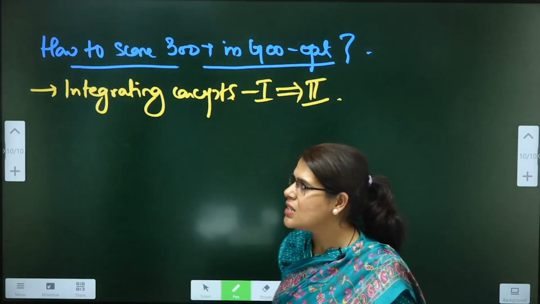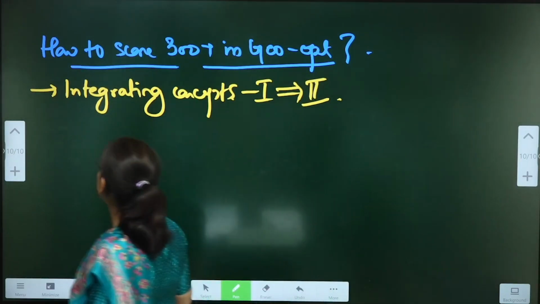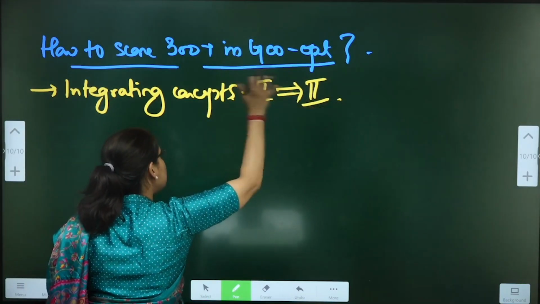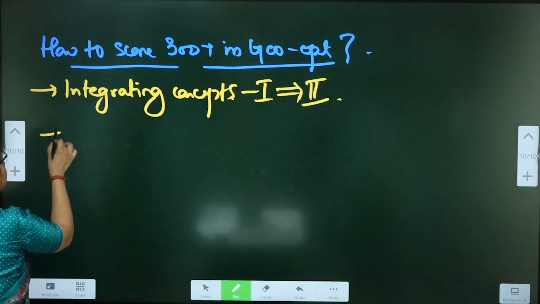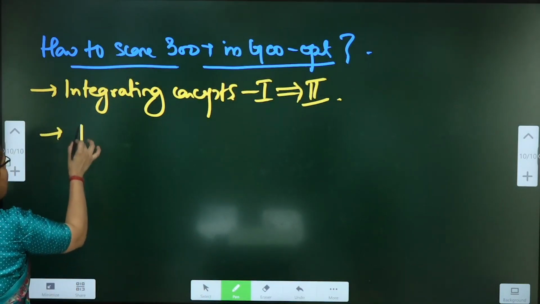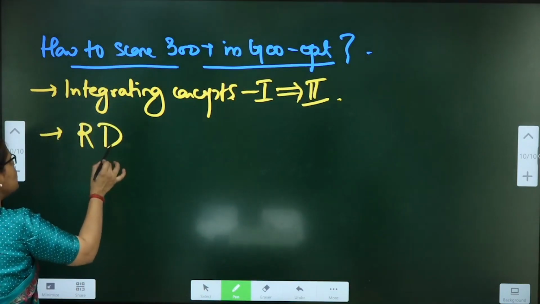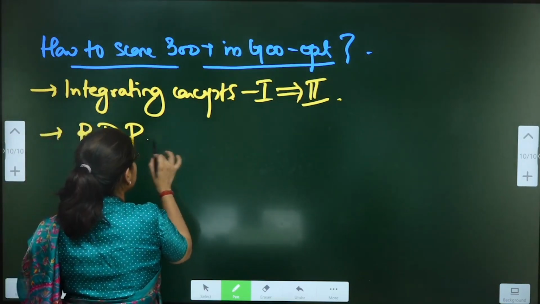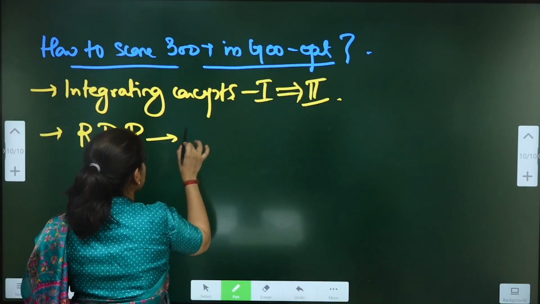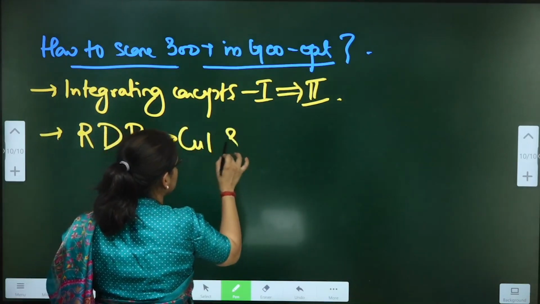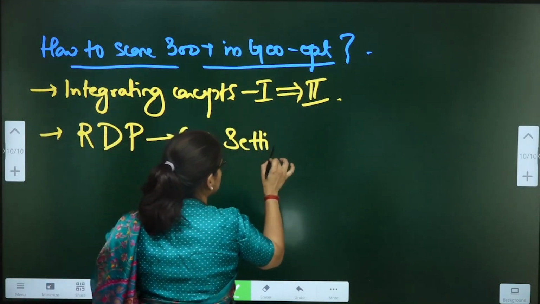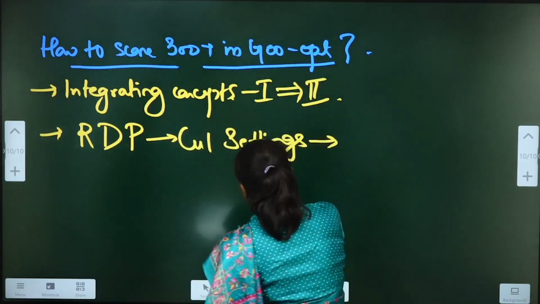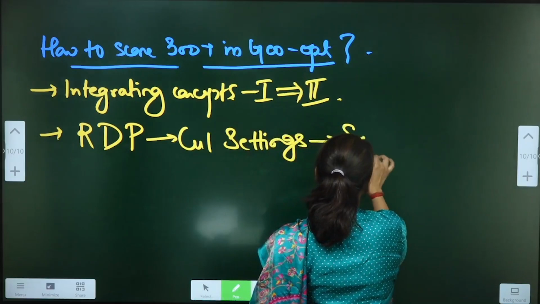Let's learn this. So for example, now you have understood the integration of concepts from paper 1 into paper 2. But gradually you will also learn how you can integrate the concepts of RDP with respect to cultural settings, integrating the concepts around cultural settings into settlements.